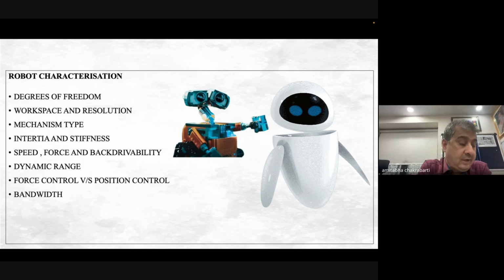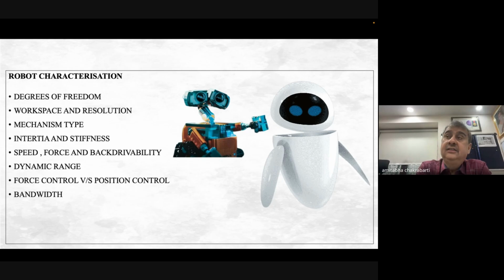But the most important part is bandwidth. Bandwidth of the robot is very important when you are working in telerobotics, because if our input signal is given to the robot to move back and forth very rapidly, the robot will attempt to execute this instruction and move at the desired rate. As the input frequency is increased, the robot eventually will not be able to keep up due to its limits in stiffness and inertia.